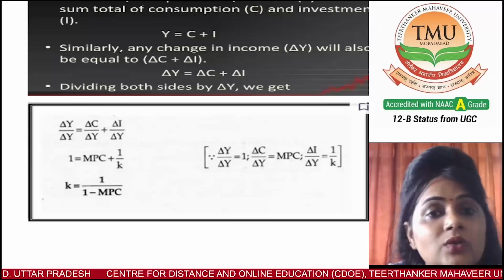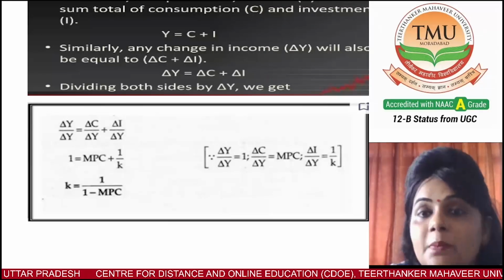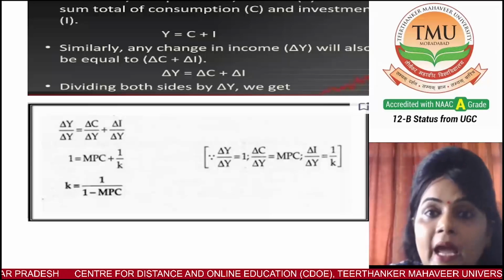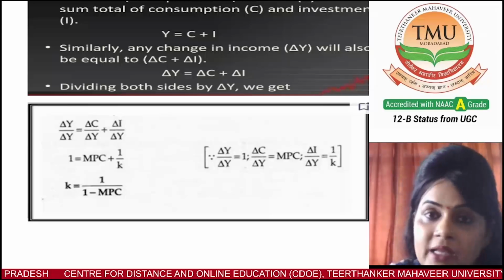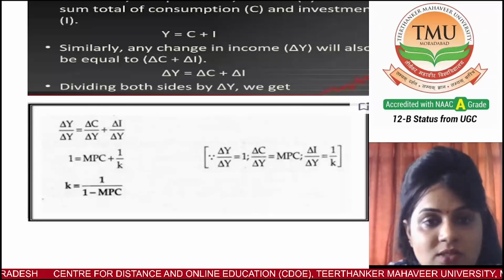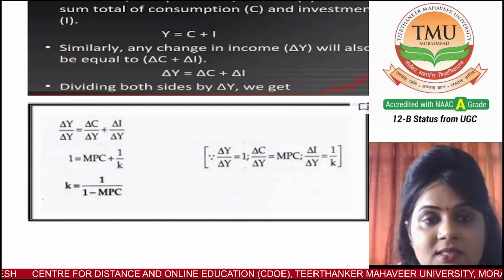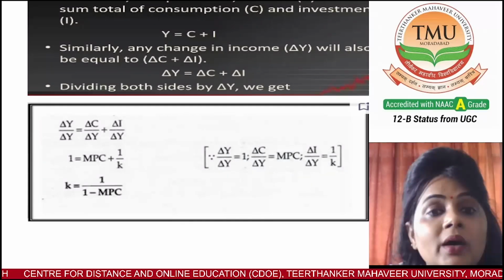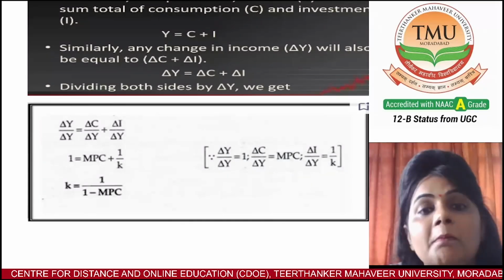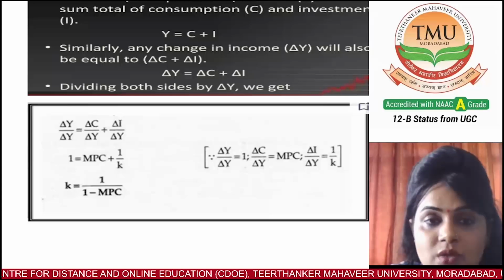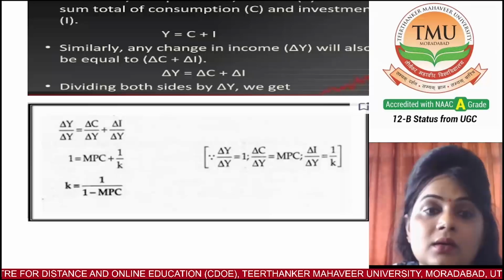The multiplier value is based on the marginal propensity to consume. In other words, when MPC is higher, multiplier K is higher and vice versa. On the contrary, the higher the MPS, the lower will be the multiplier value and vice versa. This can be clearly understood with the help of an example.